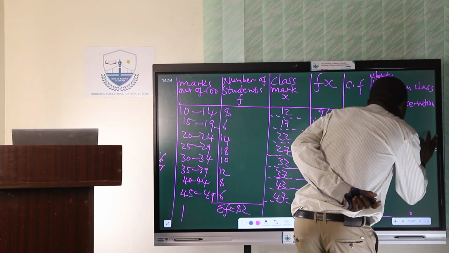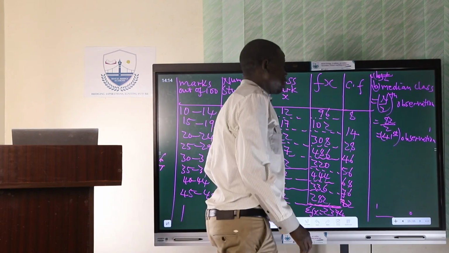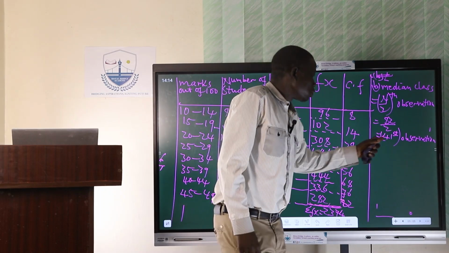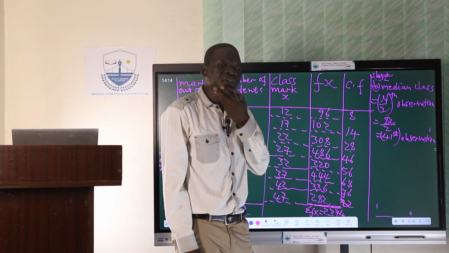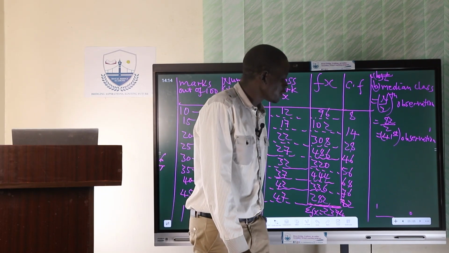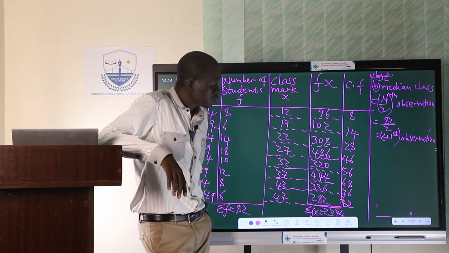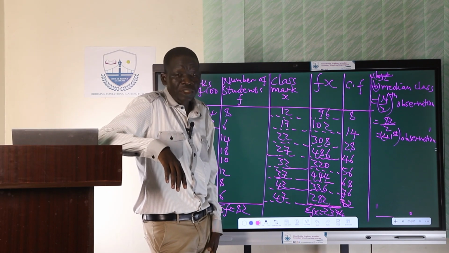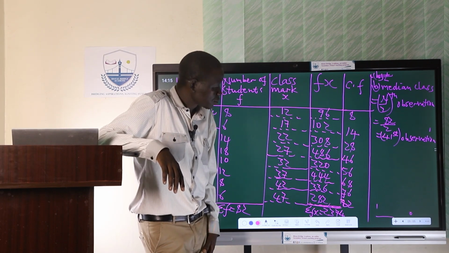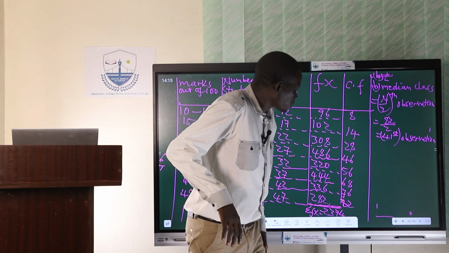Now we are going to look for the 41st observation. Where do we get the 41st observation? To get the 41st observation, we go to the cumulative frequency column, which we have just developed. Then we look for where 41 is.